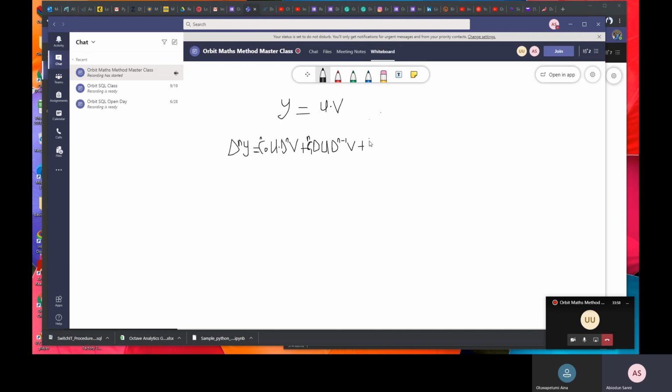Plus n combination 2. This one is going to be d square u, then this one will be d^(n-2) v. Do you remember this formula? Plus, until I've exhausted it, then this is going to have n combination n.